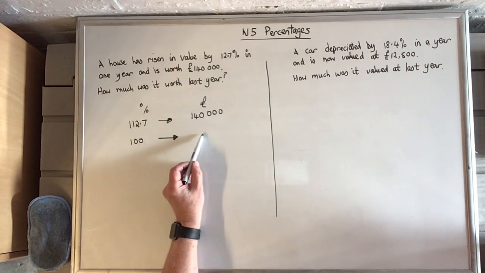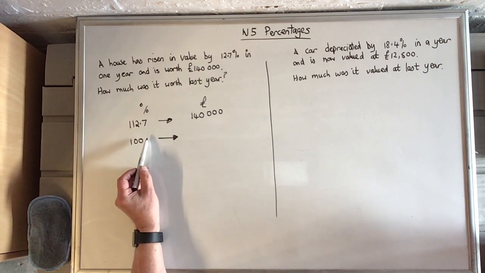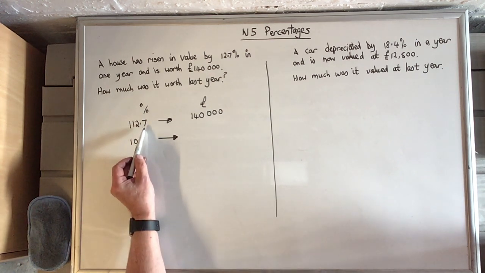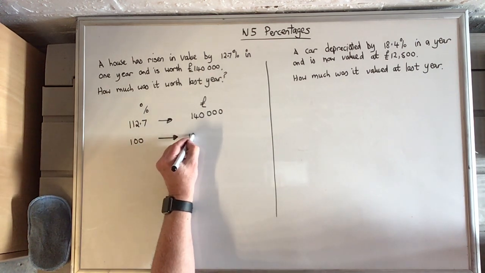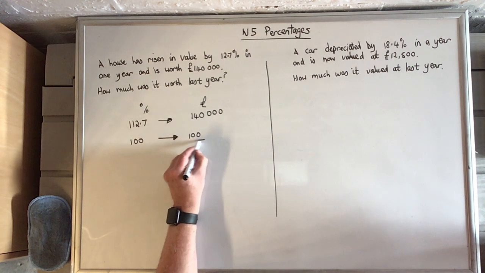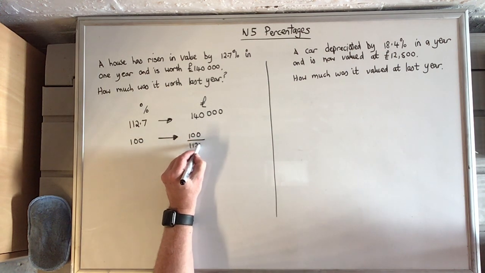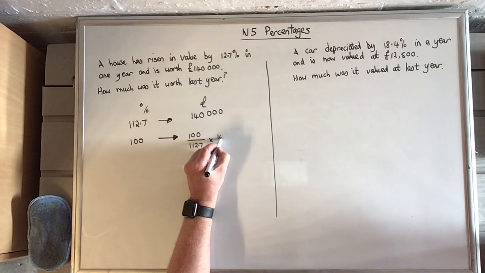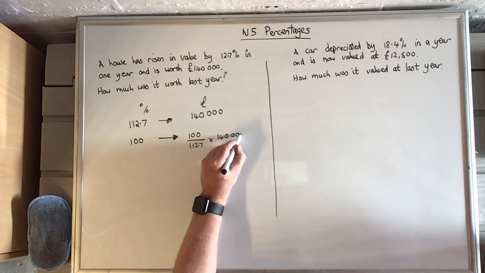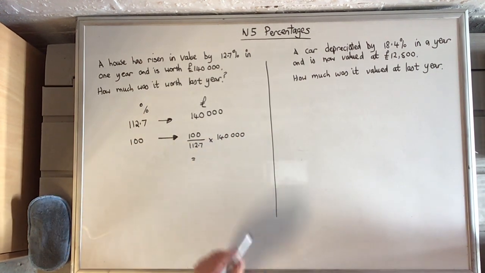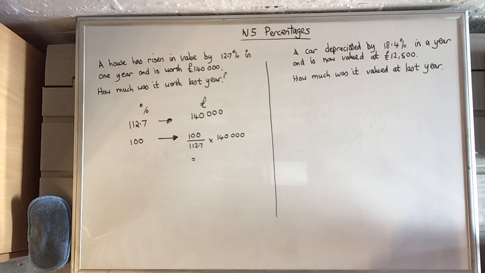So this value here must be smaller. So we look at these two percentage values and we make a smaller fraction, which is 100 over 112.7 times 140,000. Now it's money, so we might have to round this to 2 decimal places, just depending how the numbers come out.